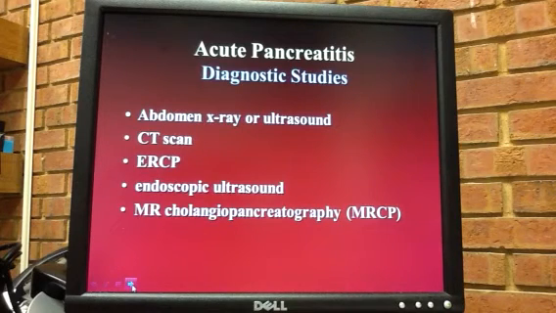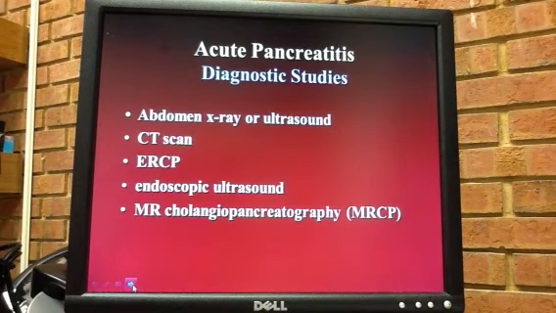Abdominal x-rays or ultrasounds can isolate dilation of a part of the intestine due to an ileus. It may show gallstones. So, the abdominal x-rays are not going to be very specific for the pancreatitis, but pancreatitis can make a patient sick enough to cause their intestines not to work.